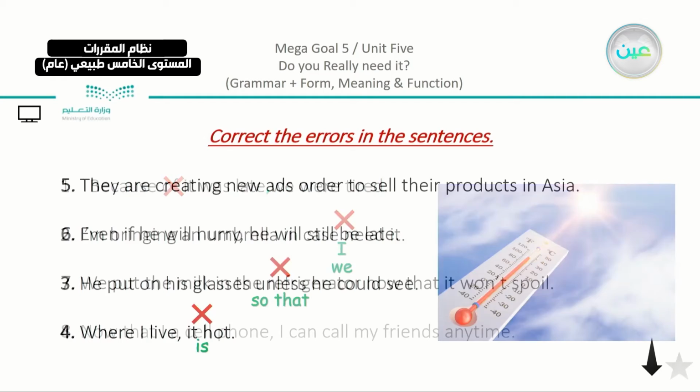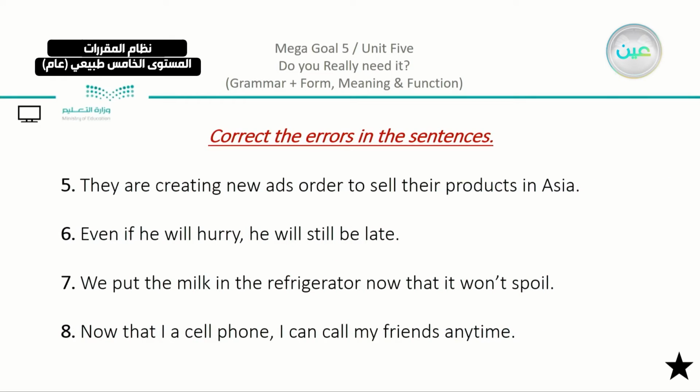Next page, we have here, after that, correct the errors in the sentence. Number 5, "They are creating new ads order to sell their products in Asia." We can see that the mistake is here, and we can say in order to sell. So there's something missing.